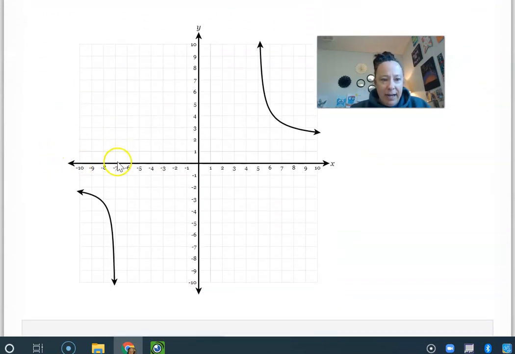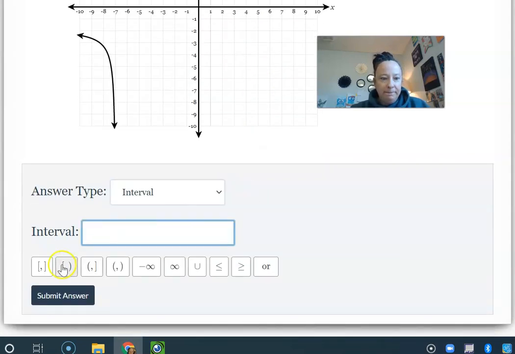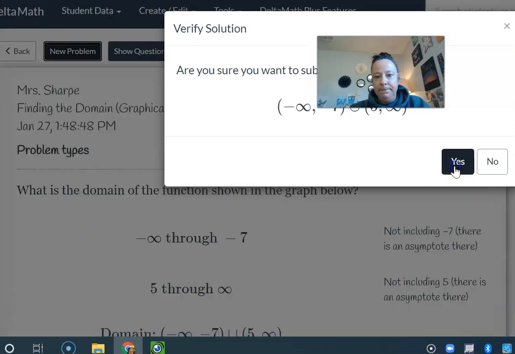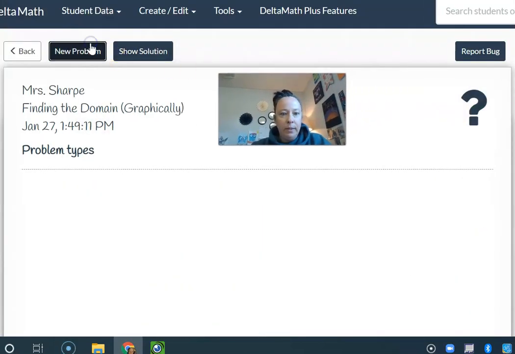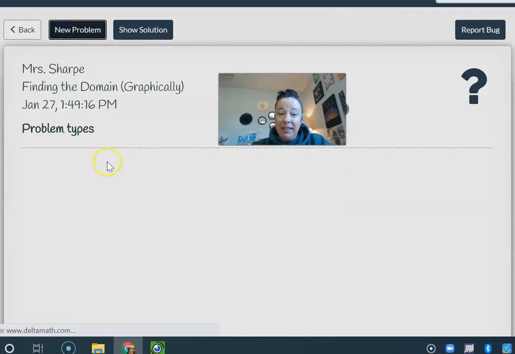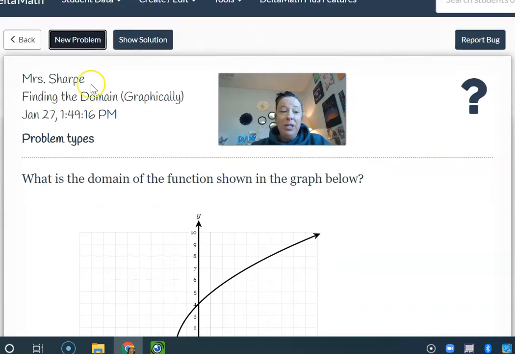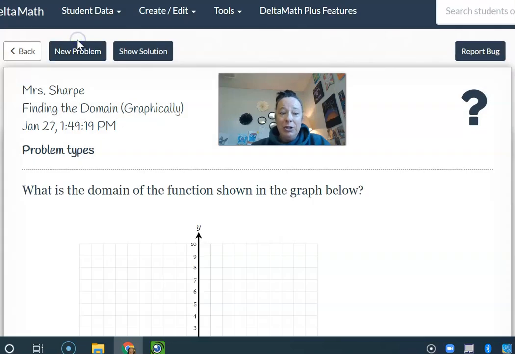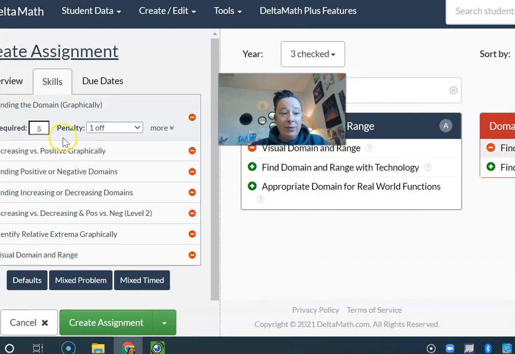This would be negative infinity up to -7 union 5 to infinity. Yes, I am removing the penalty, like I said earlier, but you should be able to do this. Looking at these, you should definitely be able to do those. I know it's weird. I'm going to take this penalty off for you.